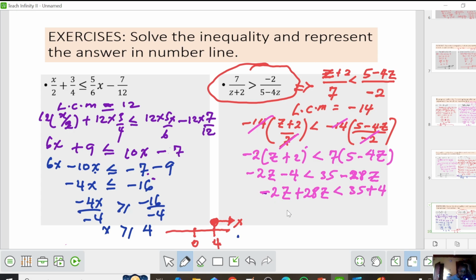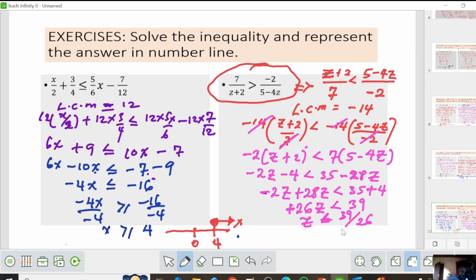If I subtract, that gives me plus 26z, because plus is bigger than negative here. Less than, you add this one, that gives me 39. So z is less than 39 over 26. This is what you get.